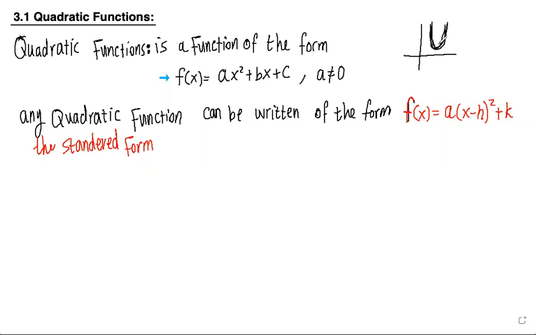It opens upward if this a is greater than 0. It opens downward if this a is less than 0. So I said last time, if a is greater than 0, the parabola opens upward.